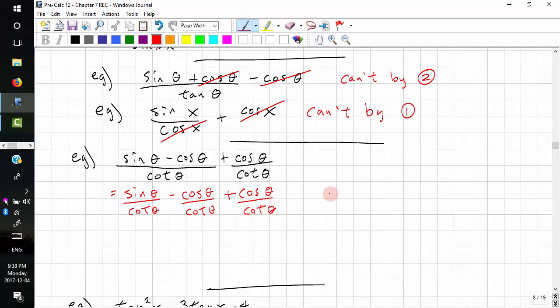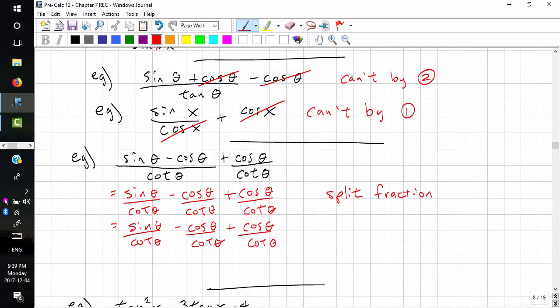Okay, and this property that we're using is the distributive property. We can split the fraction. We have sine theta over cotangent theta minus cosine theta over cotangent theta plus cosine theta over cotangent theta.